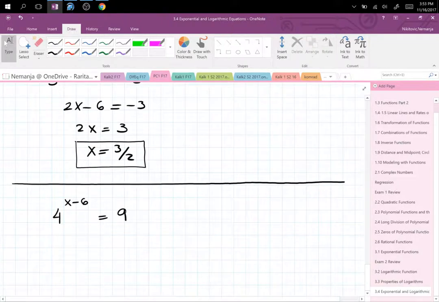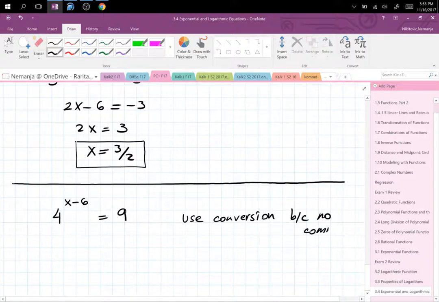Well, you use the conversion, because there is no common base for 4 and 9. 4 is base 2, 9 is base 3. So no common base.